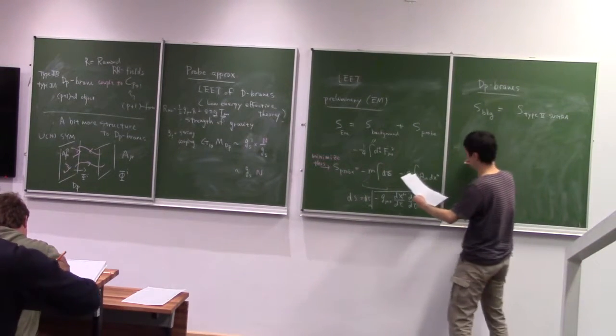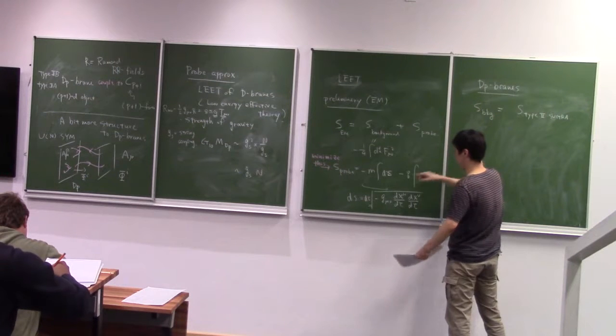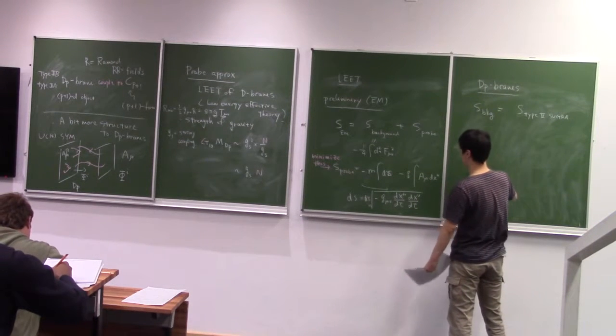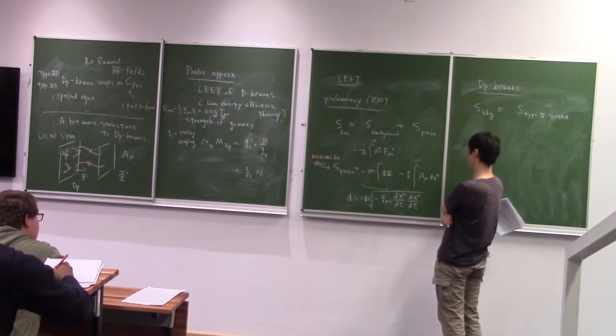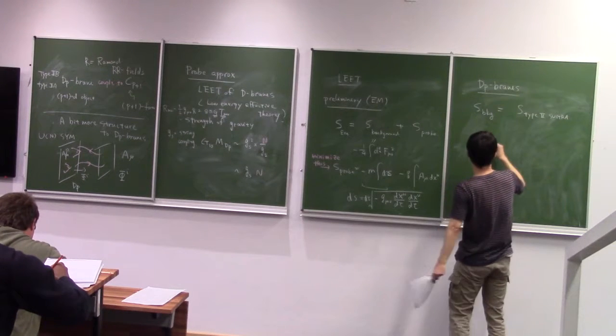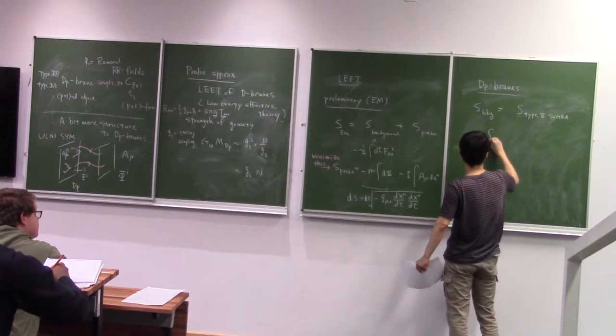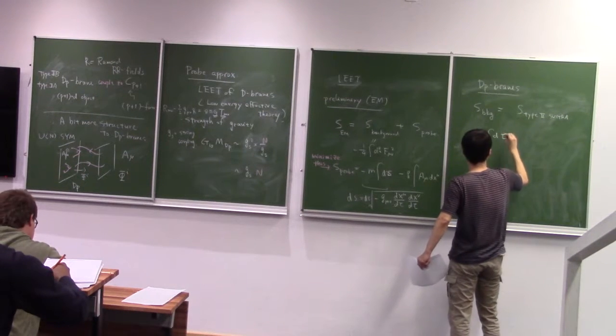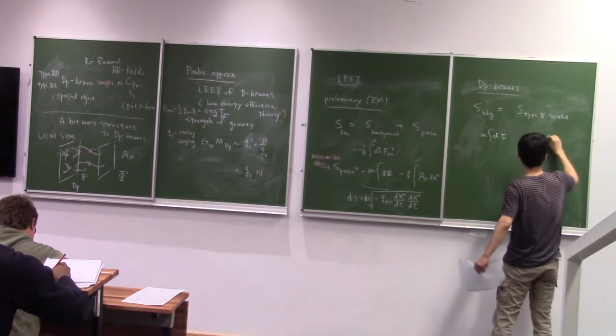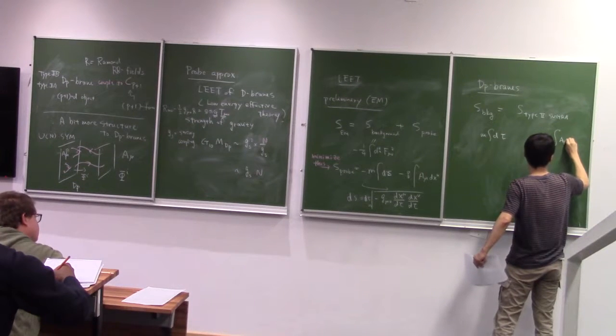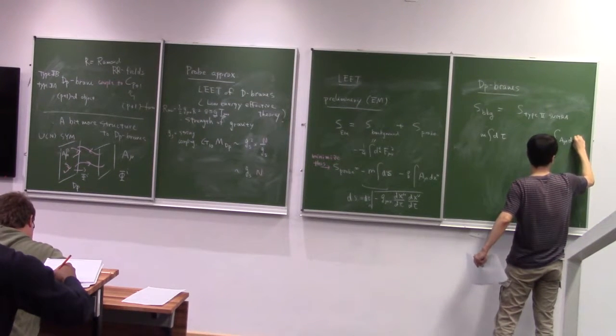So there is this mass ds part, and you have this A mu dx mu part.